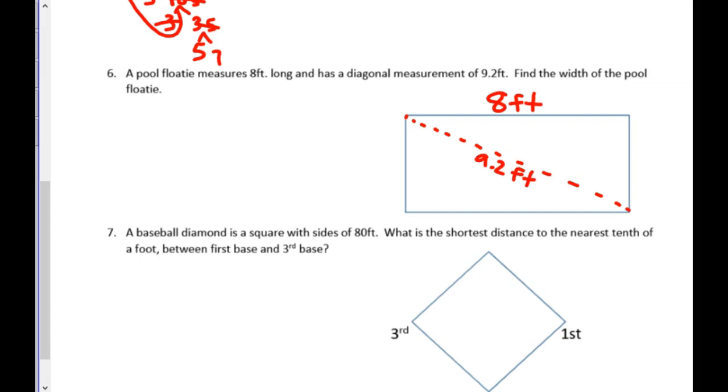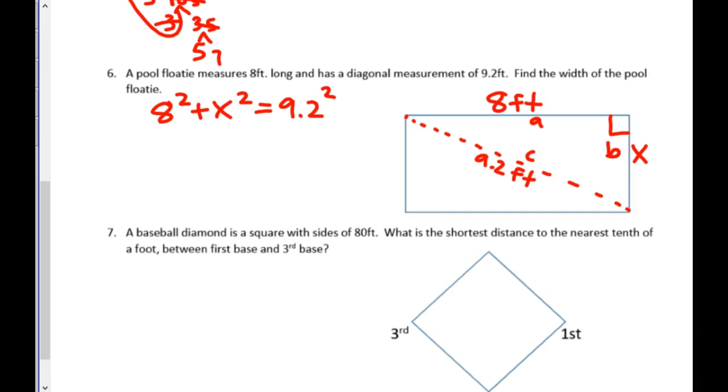Okay, find the width of the pool. So we'll call this X. It is a right triangle. So we'll call it A, B, C. So again, Pythagorean theorem. A squared plus B squared equals C squared. And we should be able to find the width.